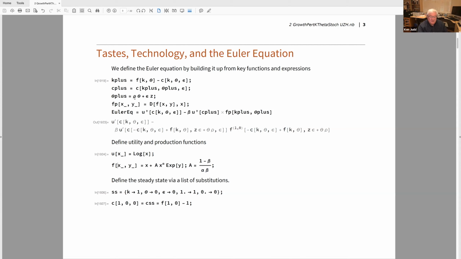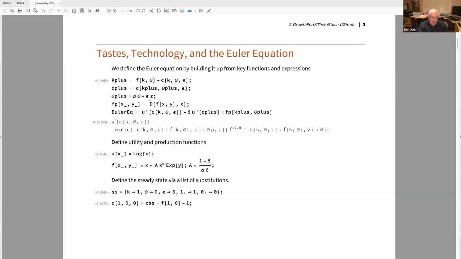The production function is now f of k comma theta. So k is the capital stock and theta is the productivity. I have a tendency to write things in terms of dummy variables, but this should be k and theta. It is equal to your Cobb-Douglas production function, except now it is multiplied by the exponential of theta.